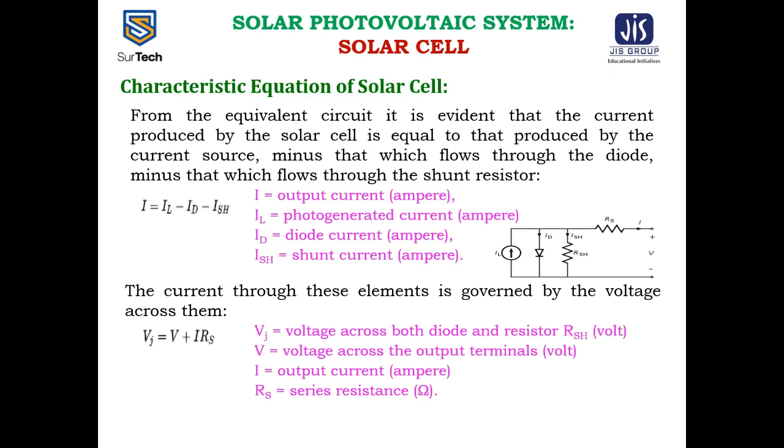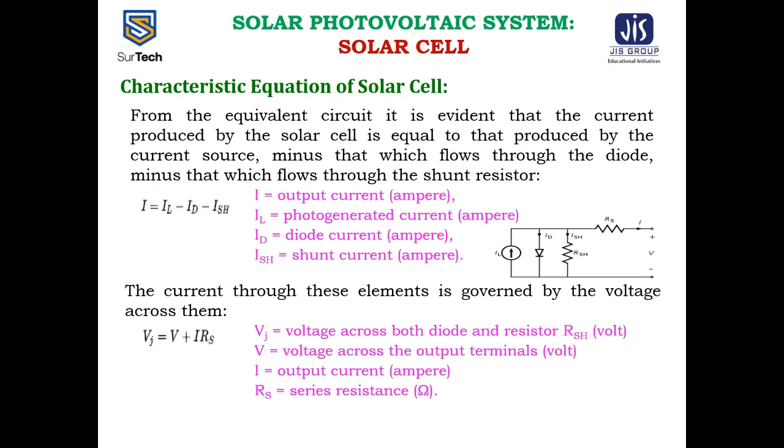This is the diode current, and this is the shunt current. So I plus ISH plus ID is equal to IL. From this we can write I is equal to IL minus ID minus ISH, where IL is the photo generated current, I is the output current, ID is the diode current, and ISH is the shunt current.